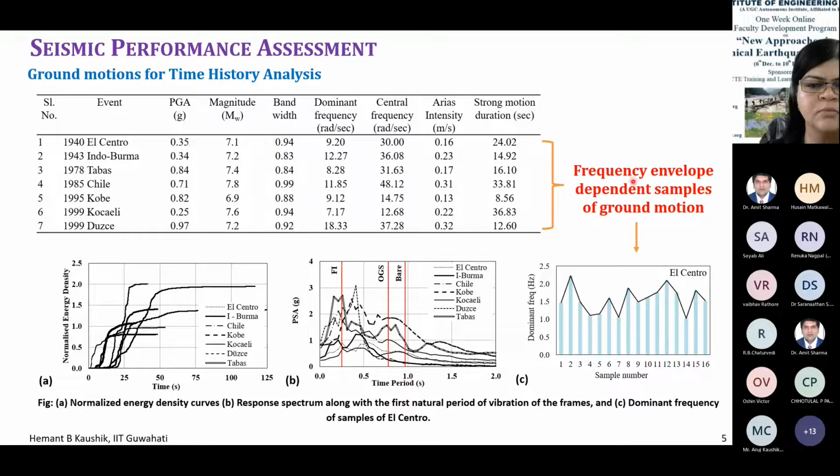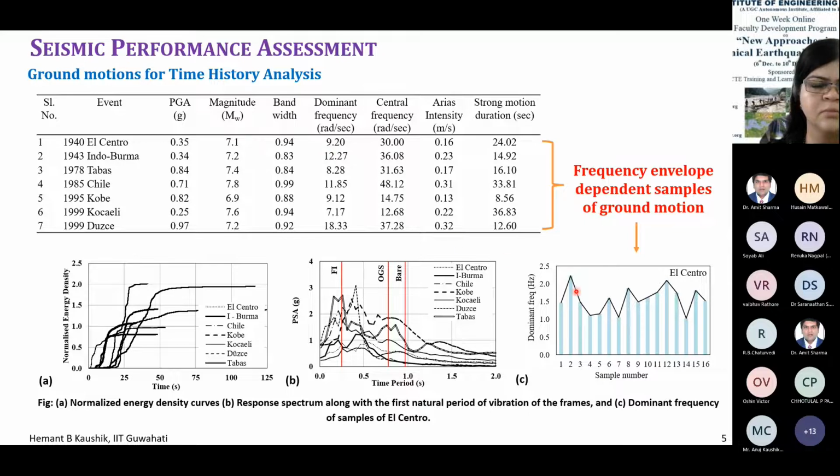Okay. And then further, we have actually developed some frequency envelope dependent samples of these ground motions. For each of these, for example, El Centro is shown here. We know what the frequency is here. The dominant frequency for El Centro is 9.2 radians per second.